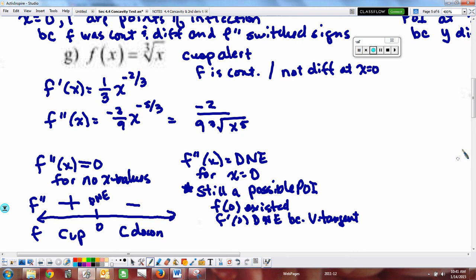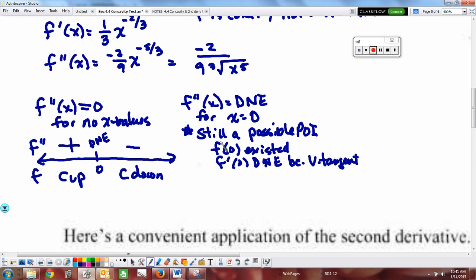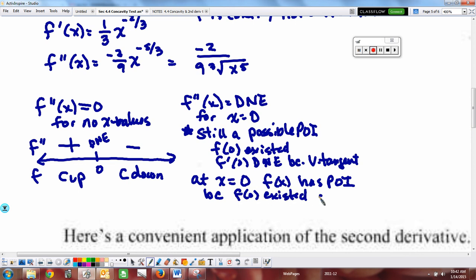And once we realize that this was a point on the original, but the first derivative did not exist because it was a vertical tangent, we can conclude at x equal to 0, f of x has a point of inflection because f of 0 existed and f of x has a tangent line there.